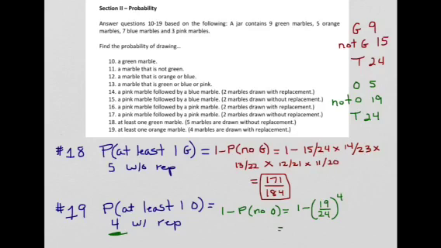So in your calculator, you're going to type this in as 1 minus, open parenthesis, 19, division sign, 24, close the parenthesis, and you need to find the caret, which is right below clear on the right-hand side of the calculator. And then you put in the exponent of 4. And when we hit math enter, enter, it doesn't give you a fraction.